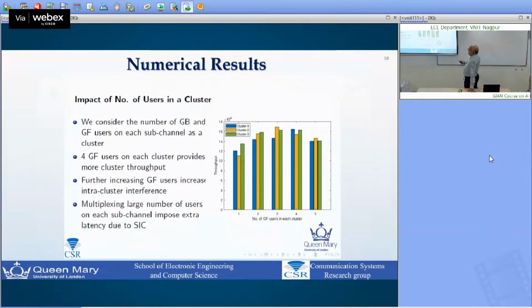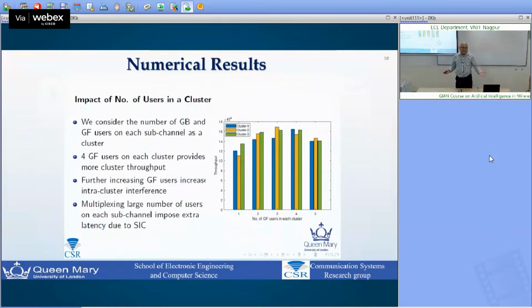Here we see the number of grant-free users in each cluster or sub-channel. We consider the number of grant-based and grant-free users in each sub-channel. When we have 4 grant-free users, we get high throughput, because if you increase the grant-free users further, it will affect the grant-based users. So we cannot increase the grant-free users too high.